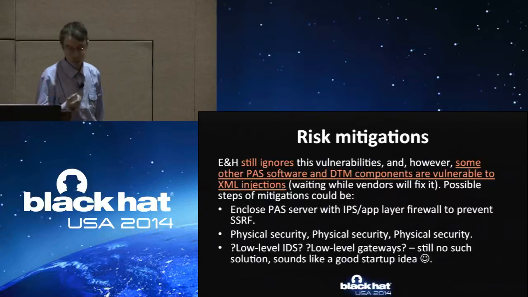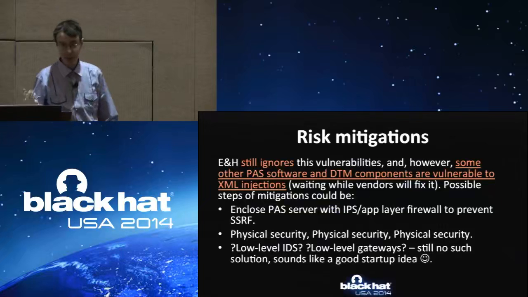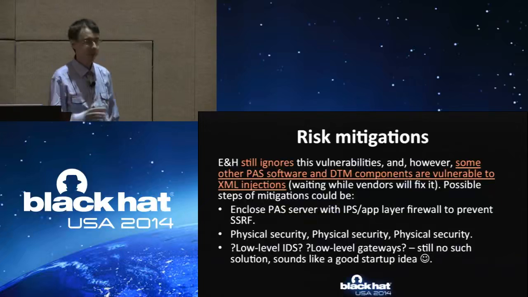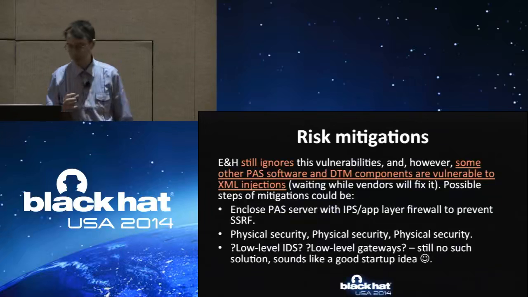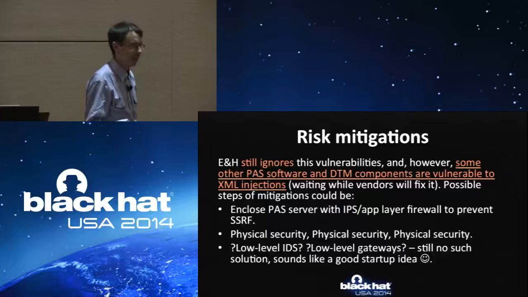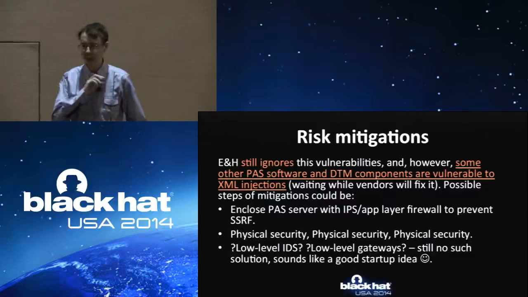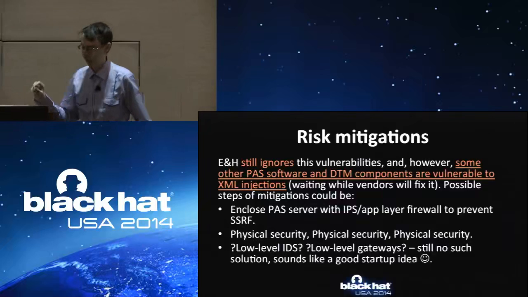You should enclose the PACTware server with an IPS or application layer firewall to prevent the expanding of the attack. Physical security, again physical security, and again physical security should be implemented for all your transmitters and current loop lines on the network.